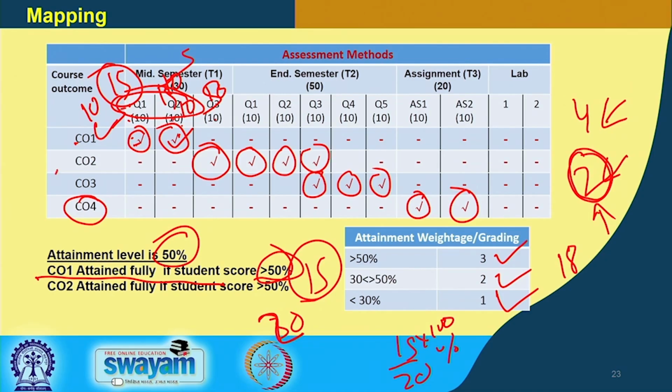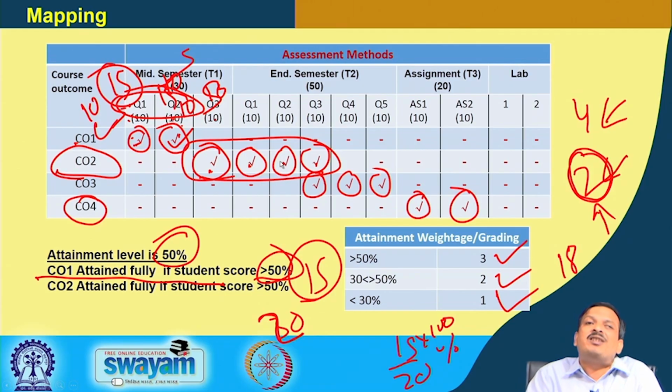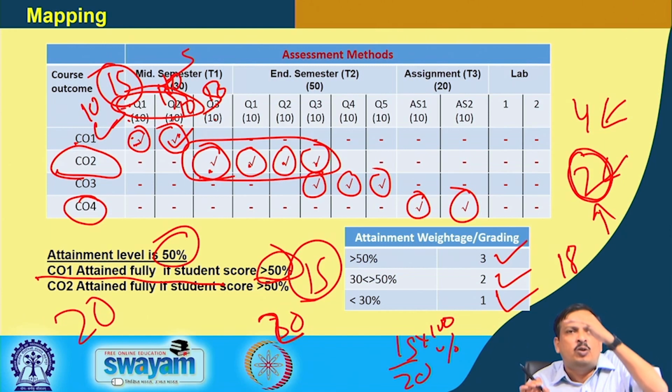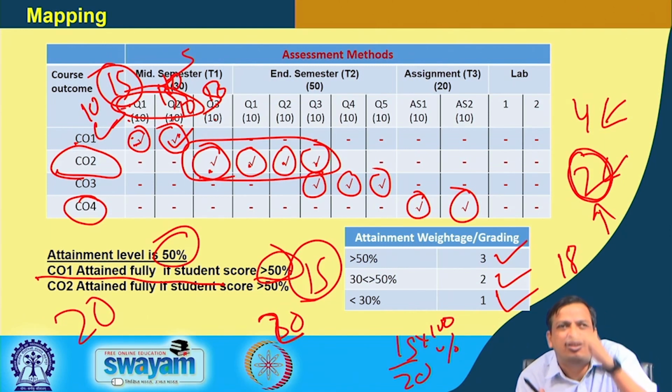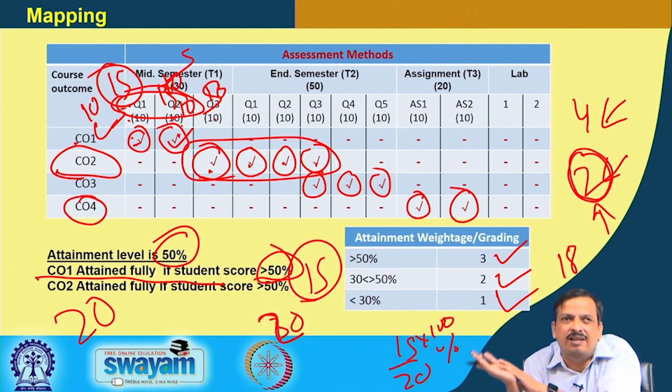See that CO2 is tested on question number 3, end semester questions 1, 2, 3, 4. Total marks is 40. If a student scores 20 out of 40, so I design the question in such a way that if a student scores 20 marks, he or she attained CO2, and the other 20 marks are for higher end.